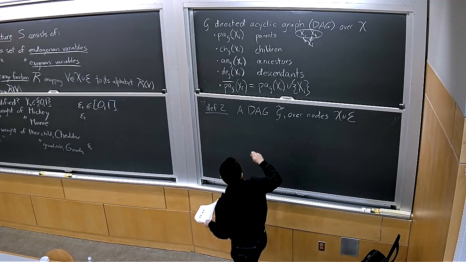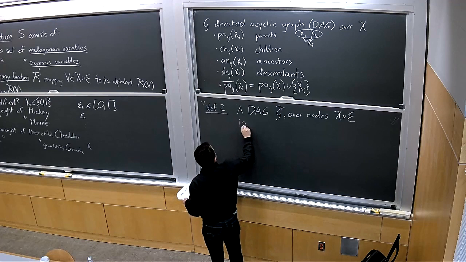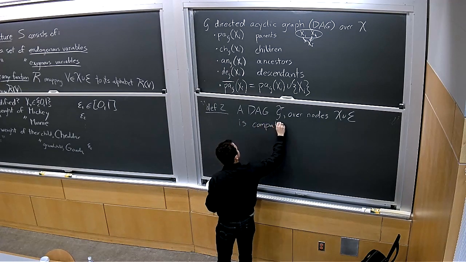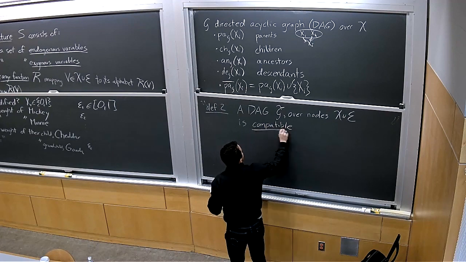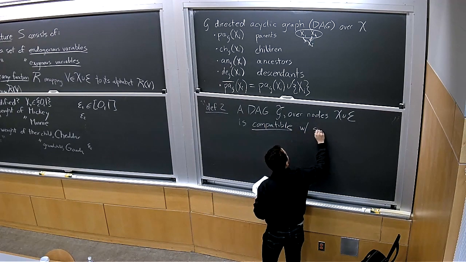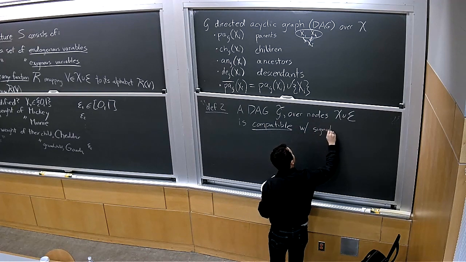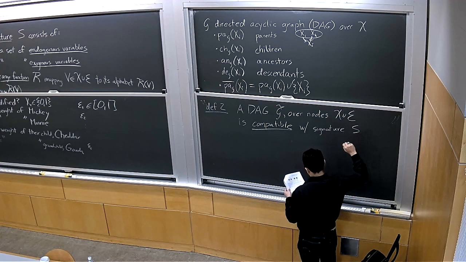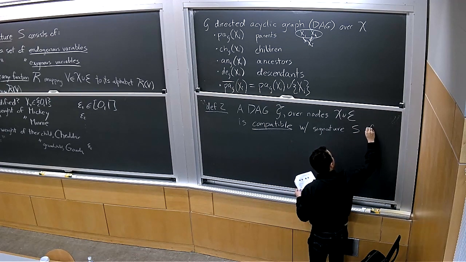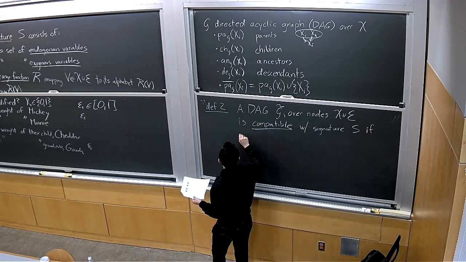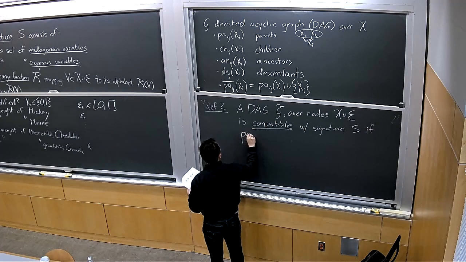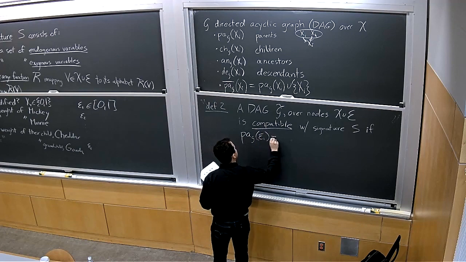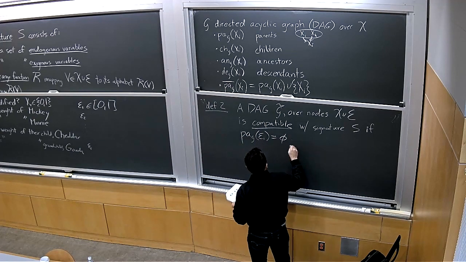So over these nodes, we're going to say this DAG is compatible with the signature S if the exogenous nodes are all sink nodes. So that means that the parents of the exogenous nodes are always the empty set.